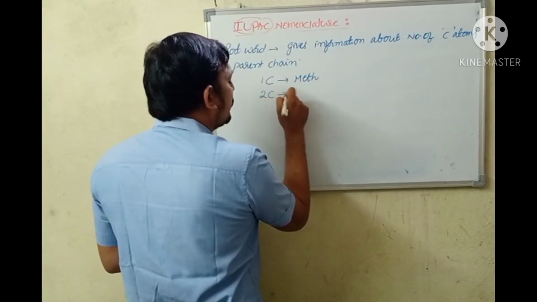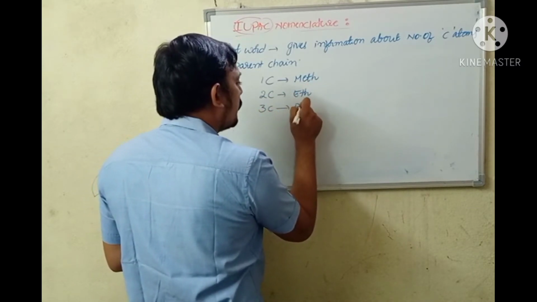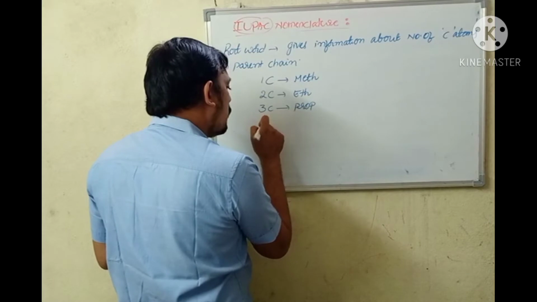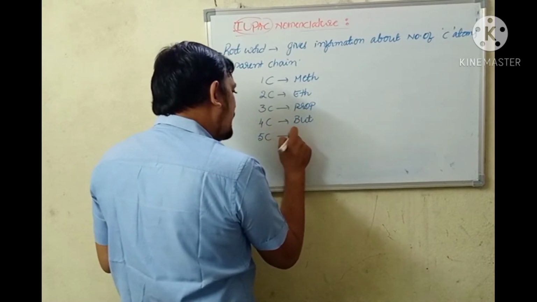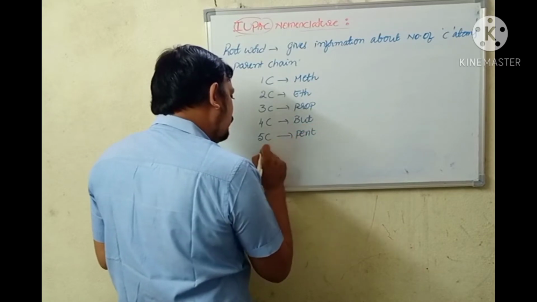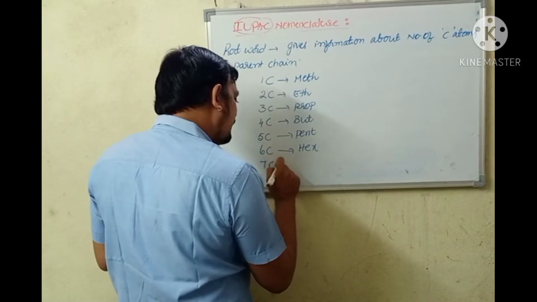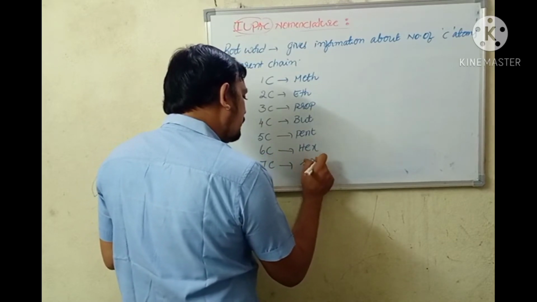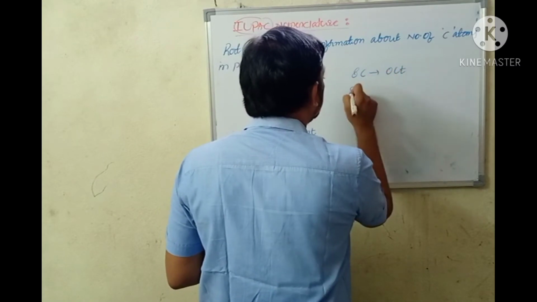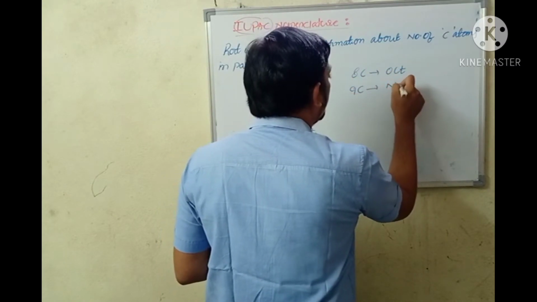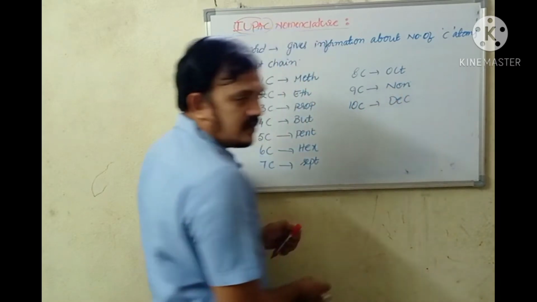2 carbons, it is given root word eth. 3 carbons, prop. 4 carbons, but. 5 carbons, pent. 6 carbons, hex. 7 carbons, sept. 8 carbons, oct. 9 carbons, non. 10 carbons, dec.